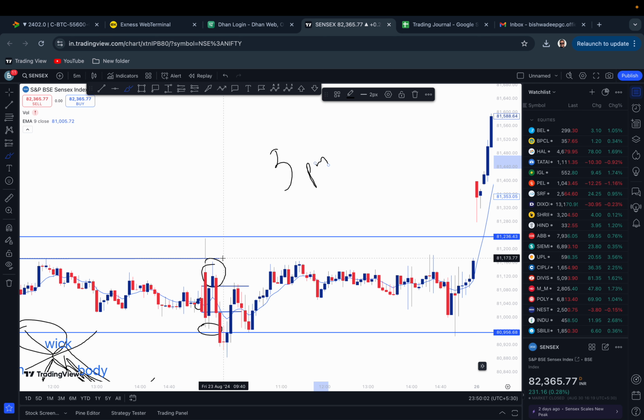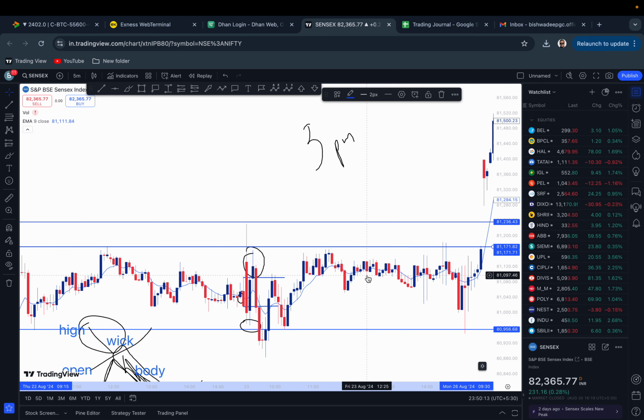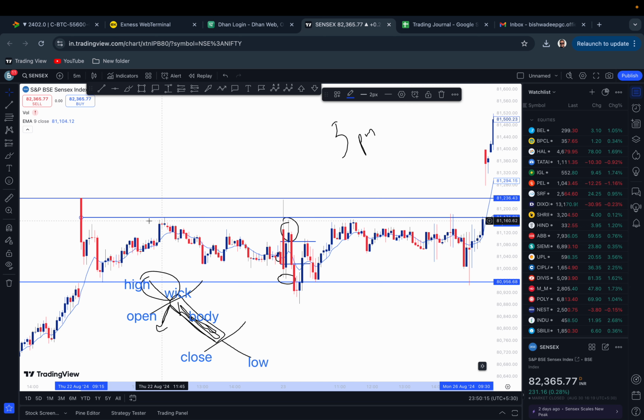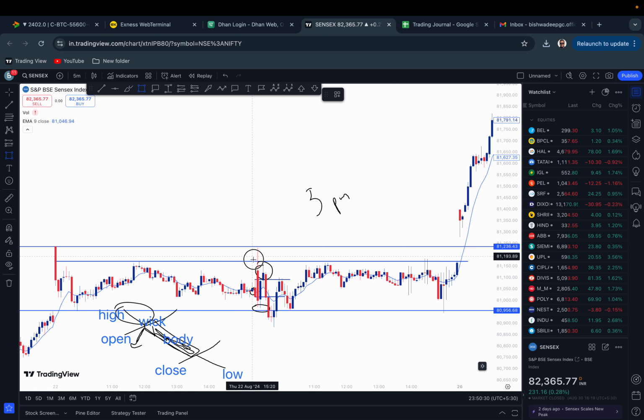See, the market on the 23rd was totally range bound. I have marked yesterday's resistance, right? This is supporting this line over here, and also the support over here. So the whole day, the market was in this range.